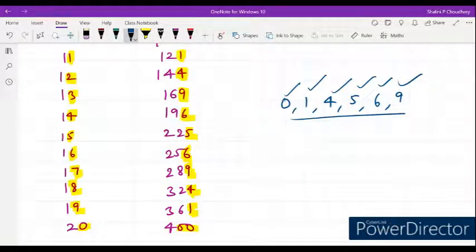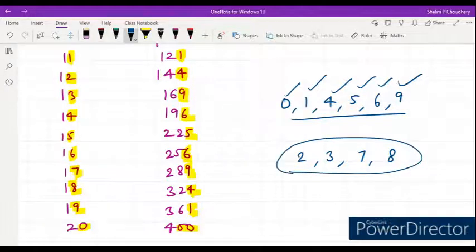If a number is ending with 2 or 3 or 7 or 8, so any number which is having 2, 3, 7 or 8 at the units place, definitely just see the number and you can directly say that this is not a perfect score. Like 323.